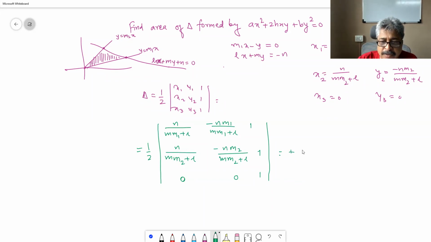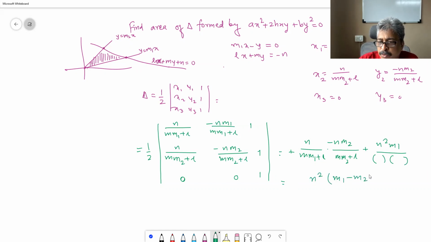So, plus n upon m m1 plus L into n m2 with negative sign upon m m2 plus L, this into this, minus minus plus n square m1 upon this into this, which makes it n square inside bracket m1 minus m2, and there half is there.